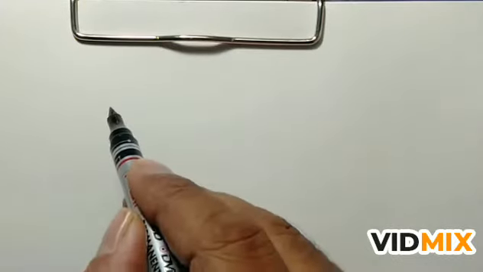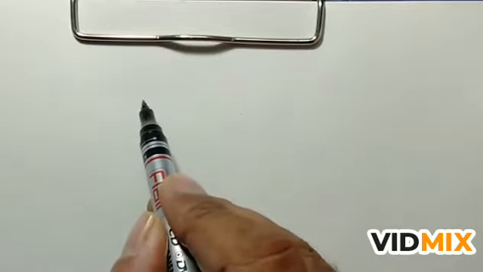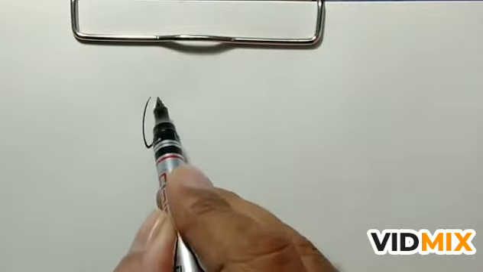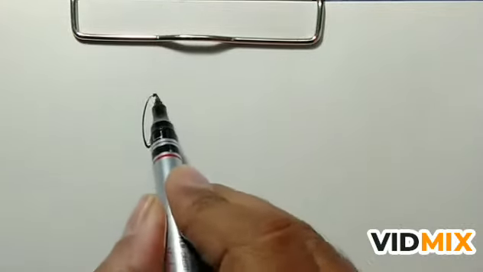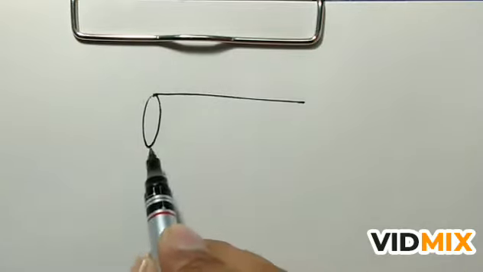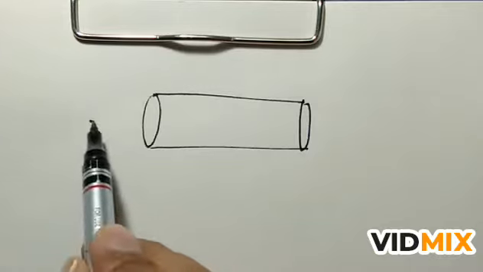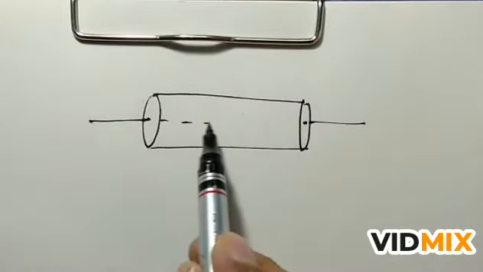Now again, if you see, there is a cylindrical surface, a uniform surface. This is a cylinder, and this is the center of the cylinder, this is the axis.